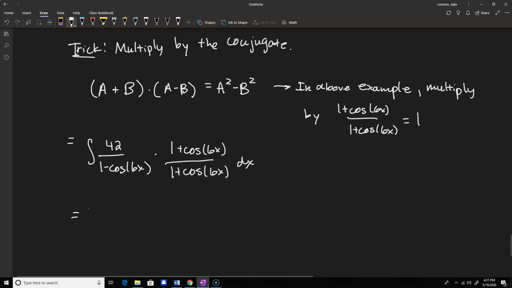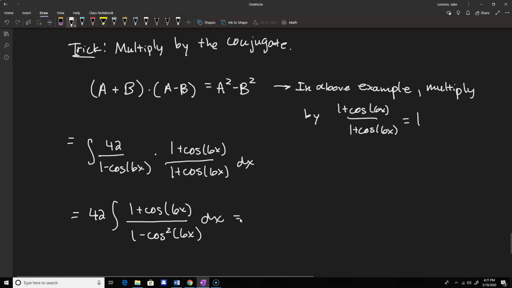And the top you can distribute, or you can pull it out of the integral. It's honestly up to you. So for now, let's just pull it out of the integral. So let's say we have 42 times the integral of 1 plus the cosine of 6x, and on bottom, we now have 1 minus the cosine squared of 6x.